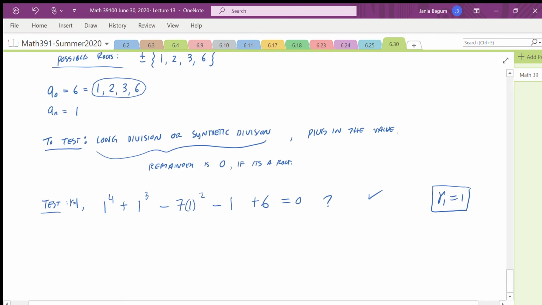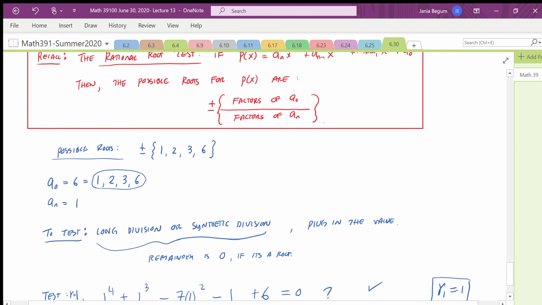Okay, so I'm going to test if r equals -1 is a root. The way I like to do synthetic division is you draw r right here, you draw a box, and then next to your root inside the box you write down all the coefficients of the polynomial in order.